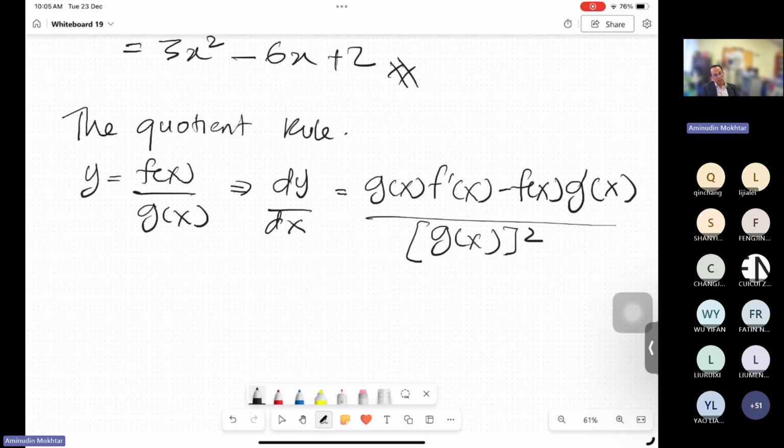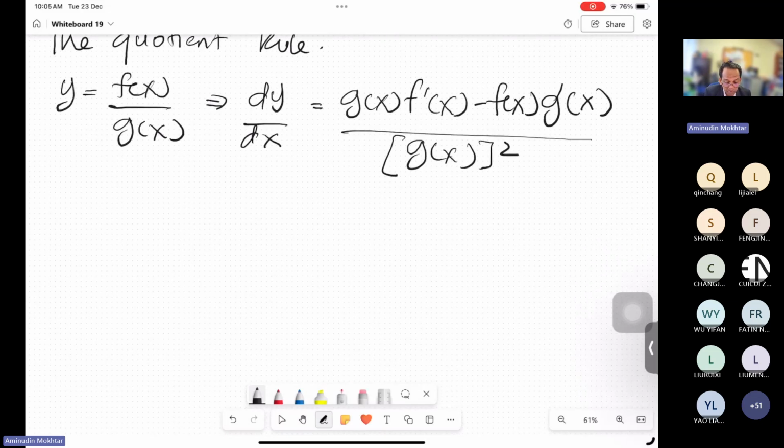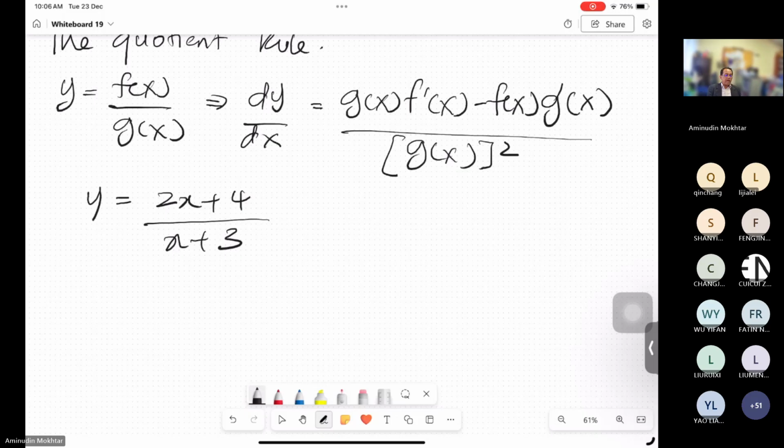When we have one function in terms of a ratio, we have to apply this formula to find the first derivative. For example, let's say I have this function y equal to (2x plus 4) divided by (x plus 3). Find dy/dx.